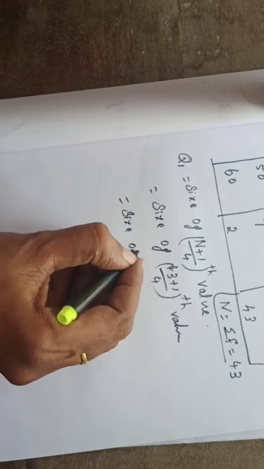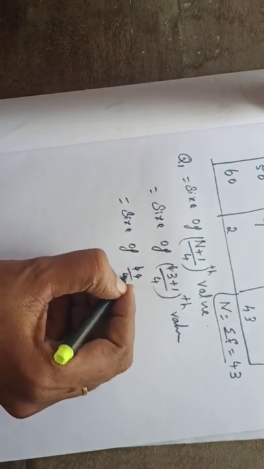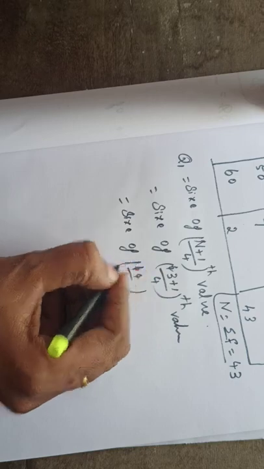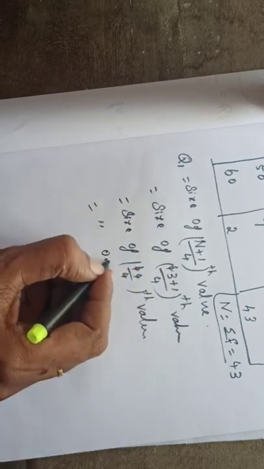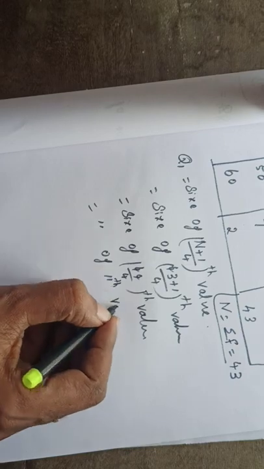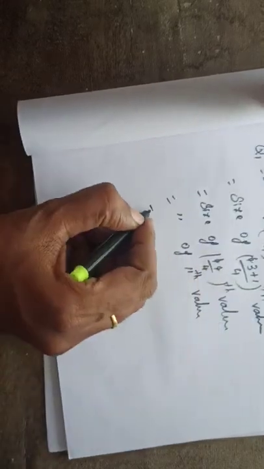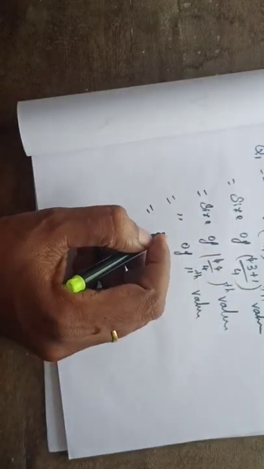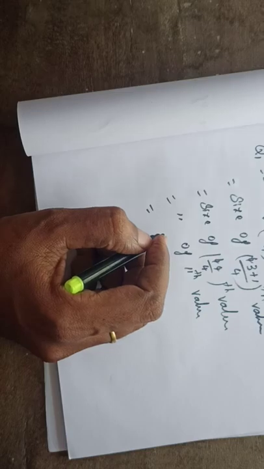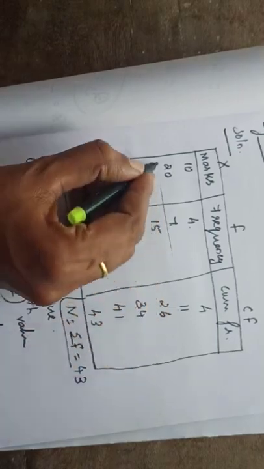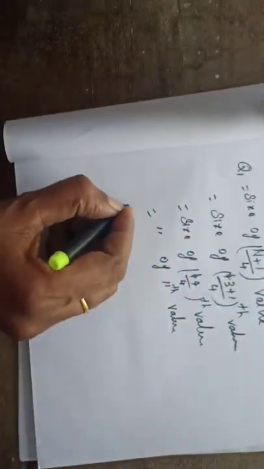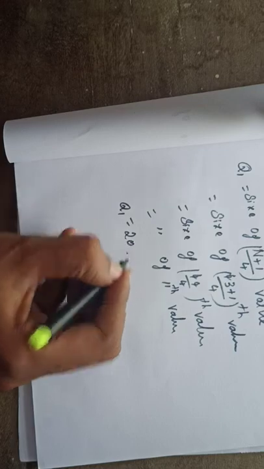Size of 44 by fourth value. So how much will you get? Size of 11th value. What is the size of the 11th value? What's the 11th value here? See like this. 11th value is 20. So Q1 equal to 20.